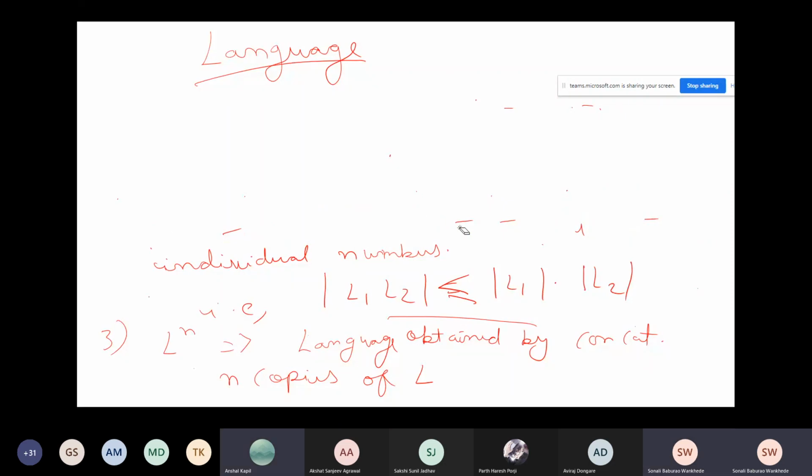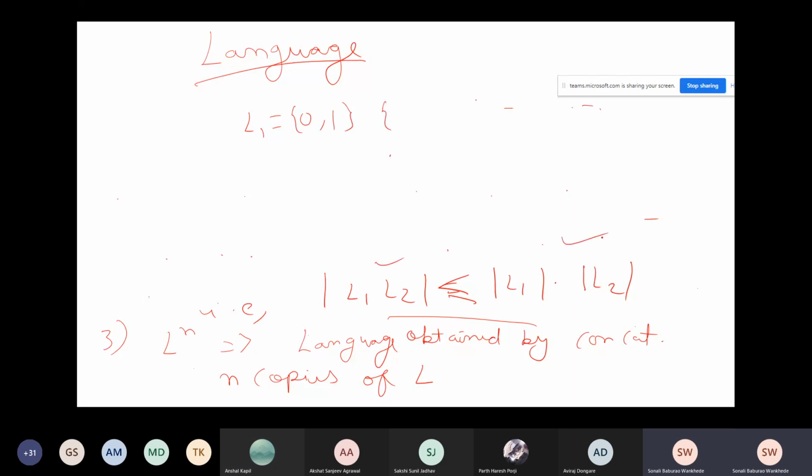Ma'am, in the second property, what does it mean? Like individual numbers, what exactly will we multiply? Is it the length of the strings inside or the strings itself? No. Take one example. If you have L1 as 0, 1, suppose this is given to you.